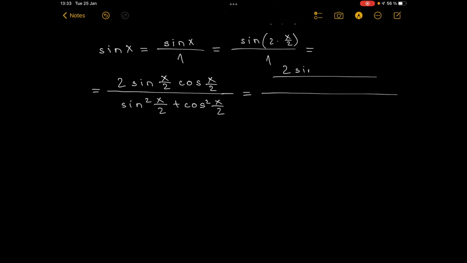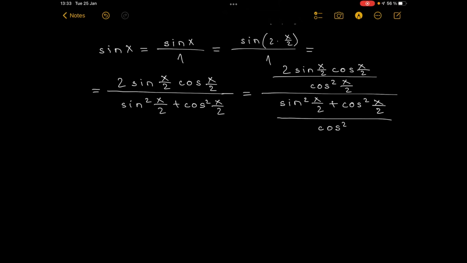So 2 sine of x over 2 times cosine of x over 2 divided by cosine squared of x over 2, that's our new numerator, over our new denominator, which is sine squared of x over 2 plus cosine squared of x over 2, everything over cosine squared of x over 2.